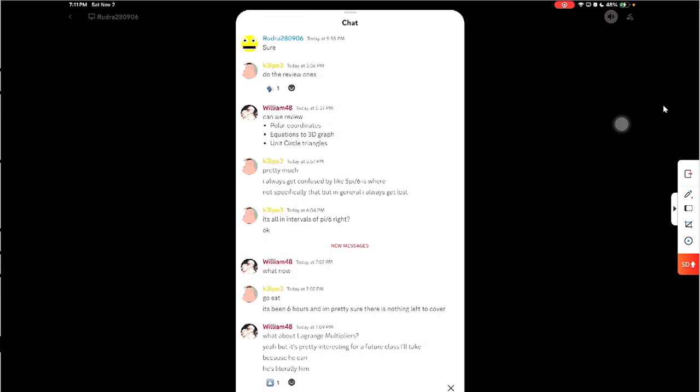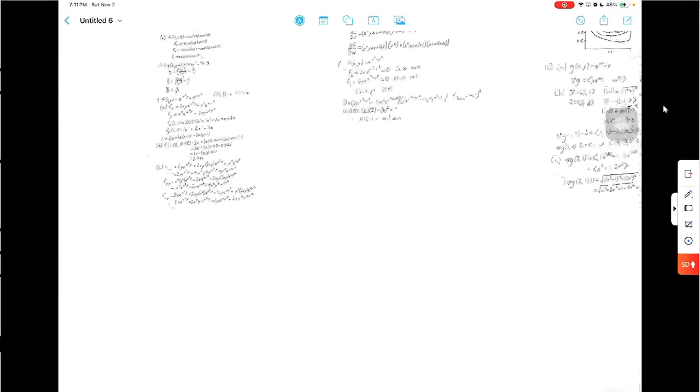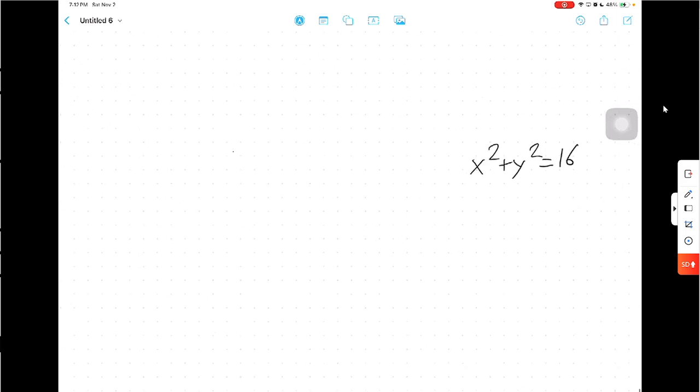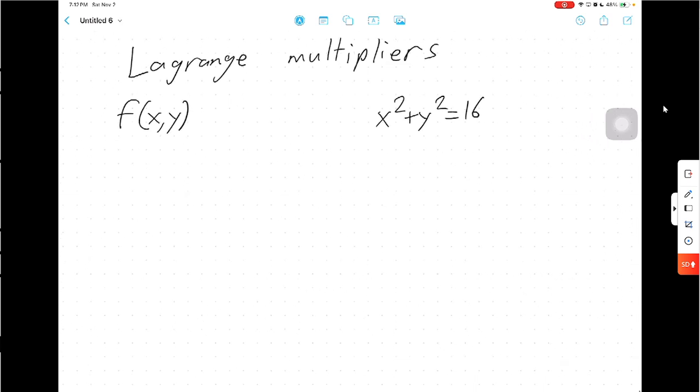Let me just see if I actually remember how to do Lagrange multipliers. I think the idea with Lagrange multipliers was essentially we have a constraint equation, so let's say x squared plus y squared equals 16. And then we had some f of x, y.